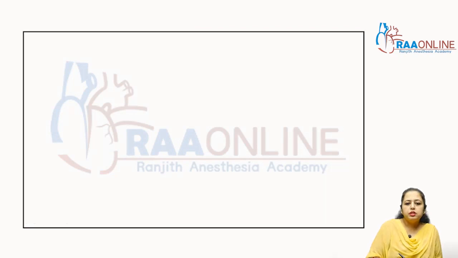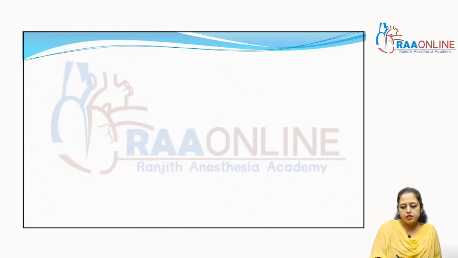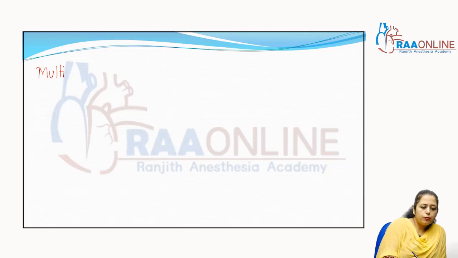When we talk about the multipolar neuron, you can see here this is the multipolar neuron, with one axon and more than two dendrites. Multipolar neurons are present in our cerebral cortex.